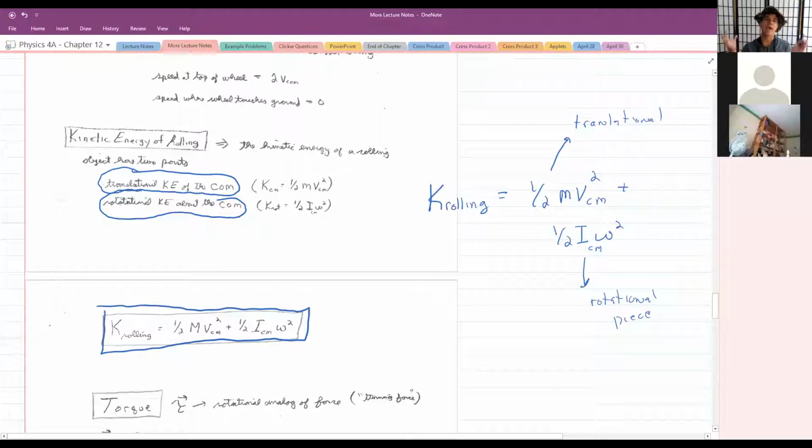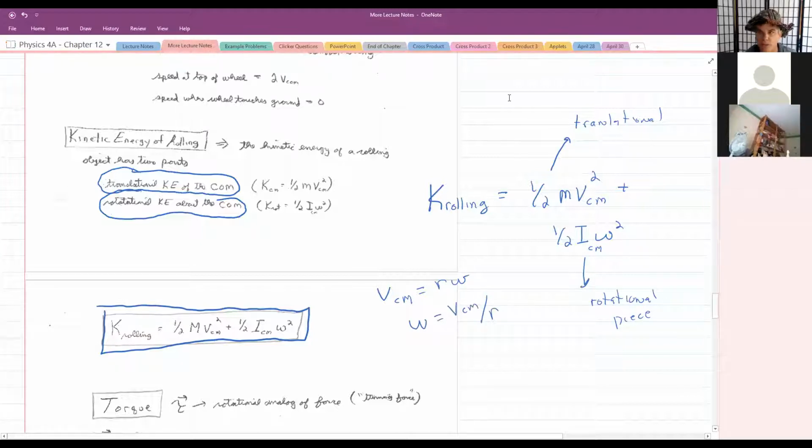And let me just tell you how you always do these problems. The speed of the center of mass is equal to r omega, which means in this 1/2 I omega squared term, I can replace omega with the speed of the center of mass divided by r.